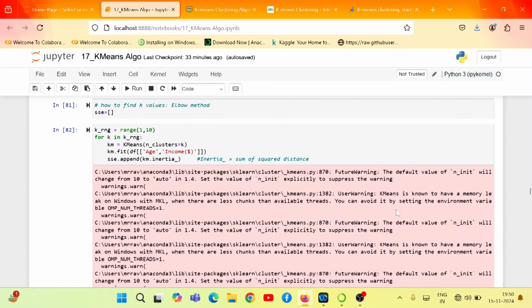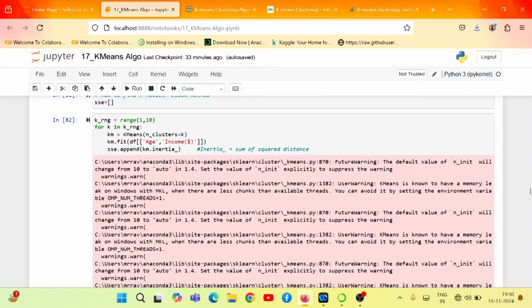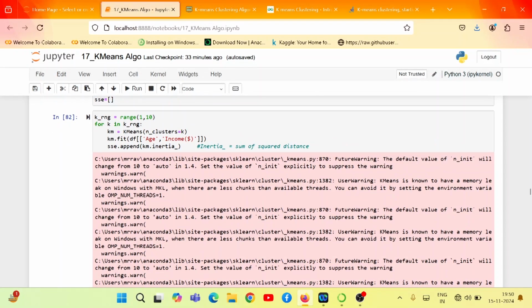To begin with, let us take the k value range from 1 to 10. Also, let us take an empty list, SSE, where the SSE values are going to be stored. We will then train the k-means model for each value of k and obtain this SSE value.